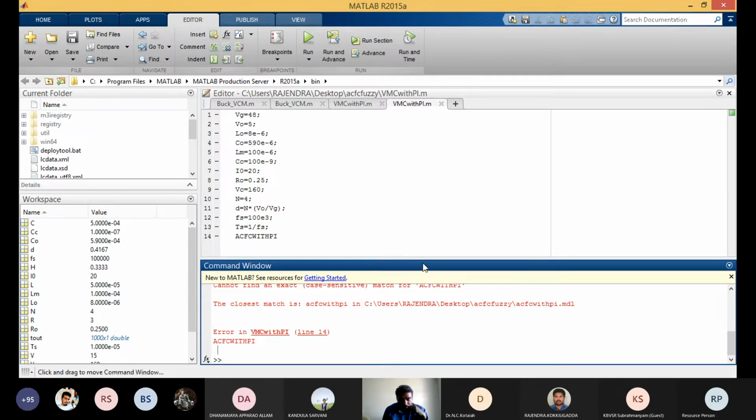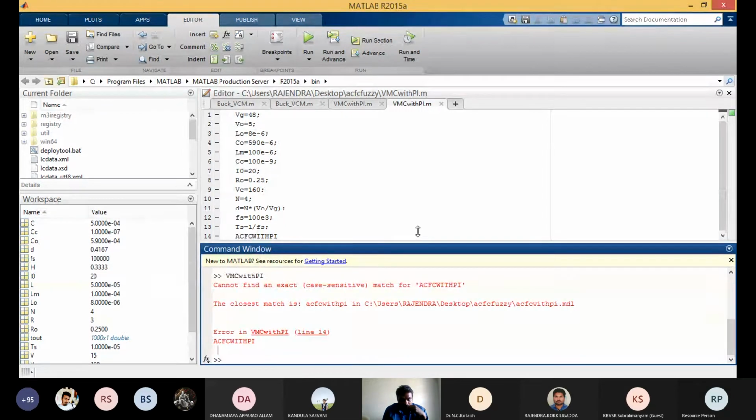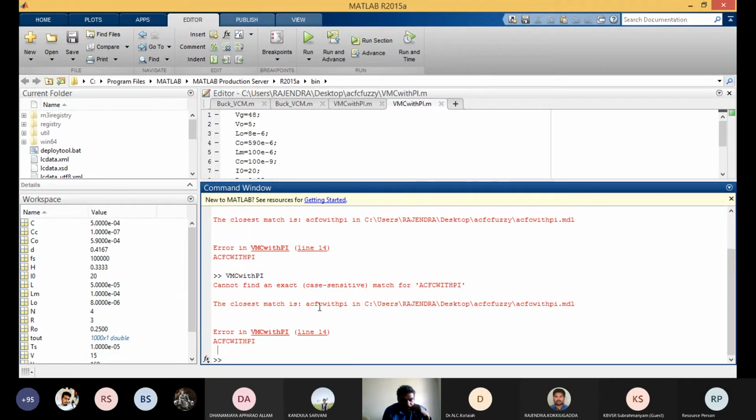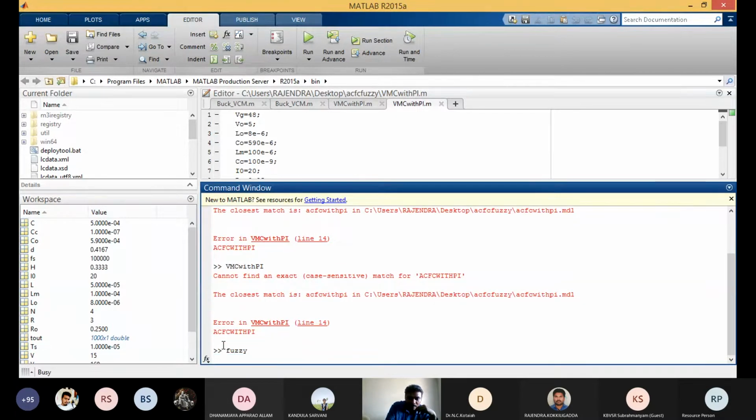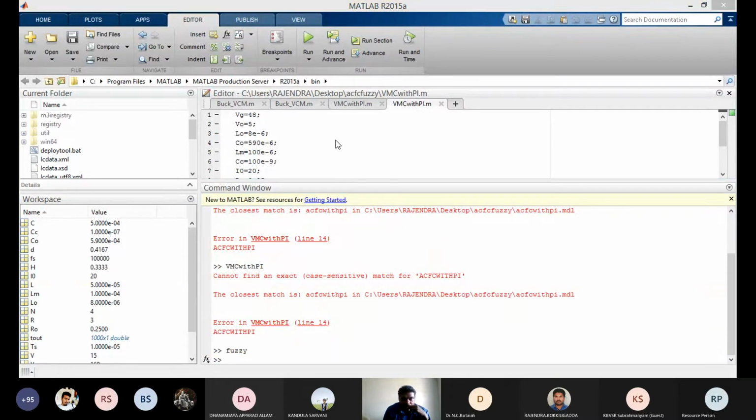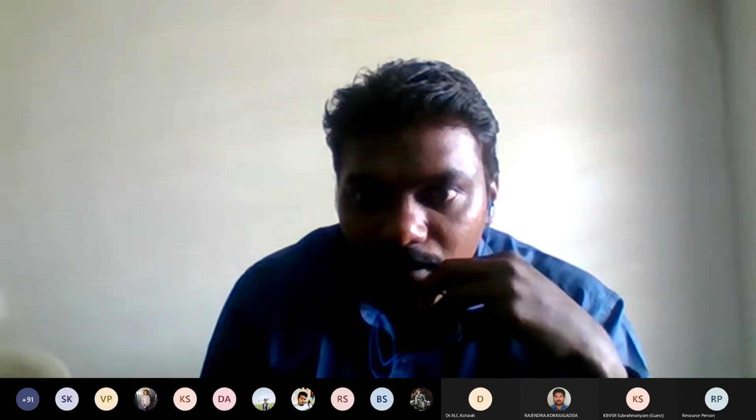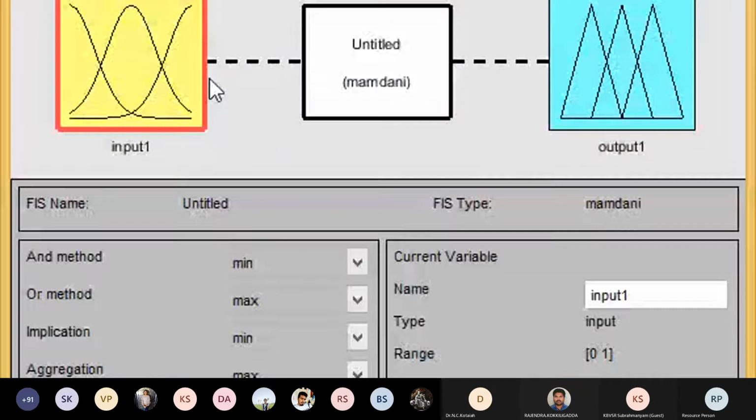One aspect of how to use the fuzzy logic controller here is that you need to type fuzzy in the command window, and you will get the fuzzy block like this.